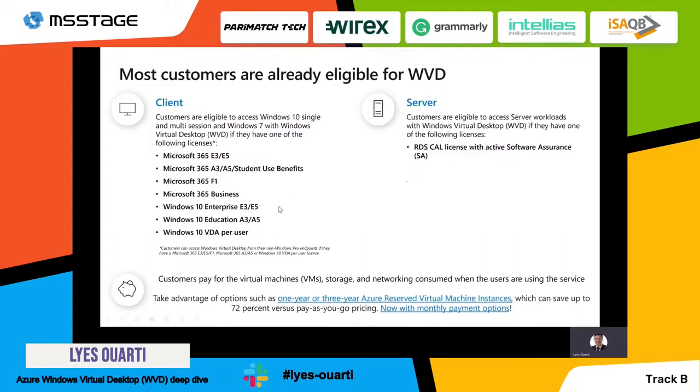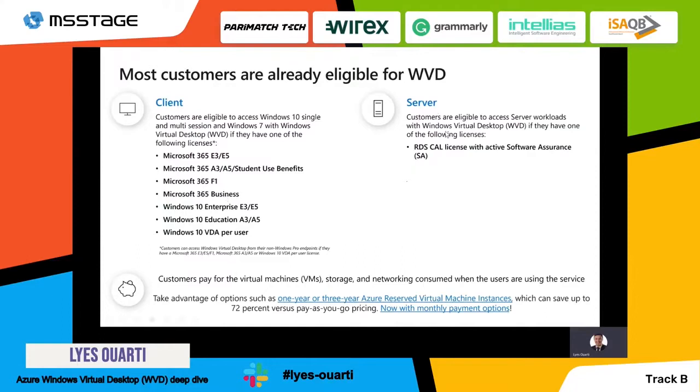I will let you read all of these licensing requirements. If you need any support or help, please reach out to your licensing service, either at Microsoft or at your partner, and hopefully they will help with that.